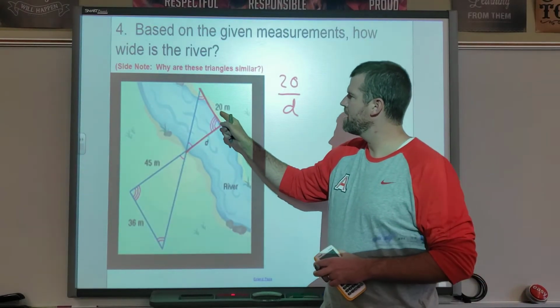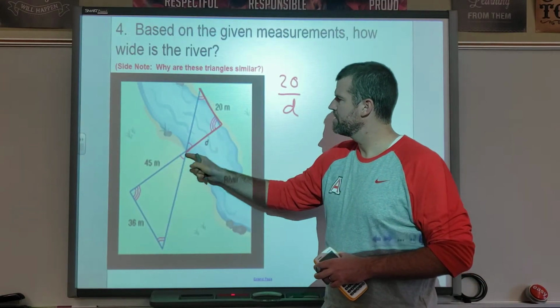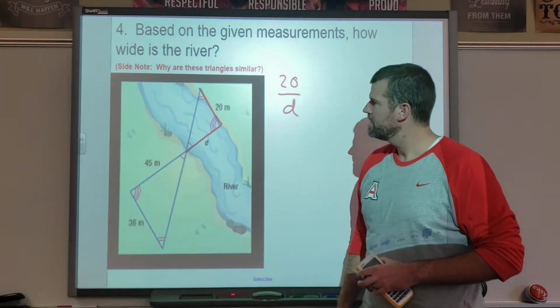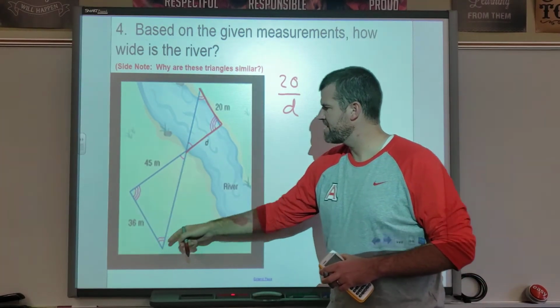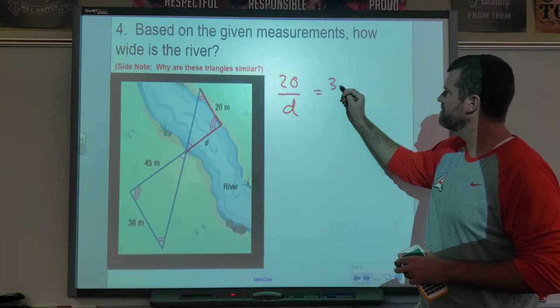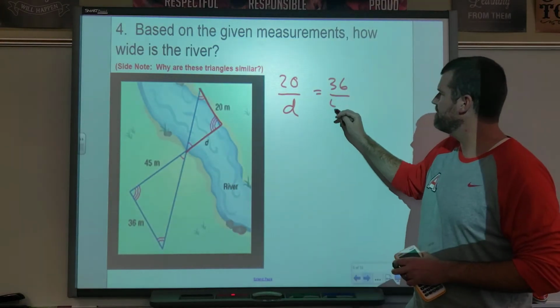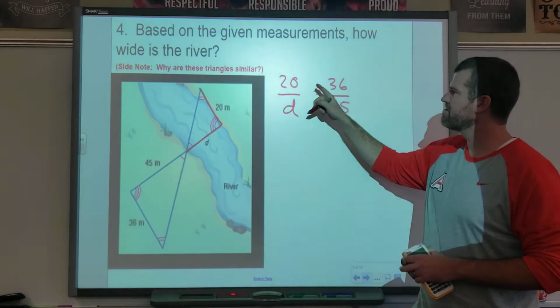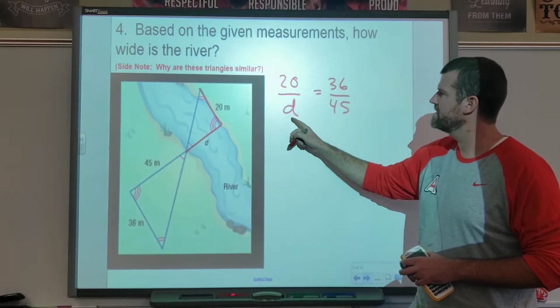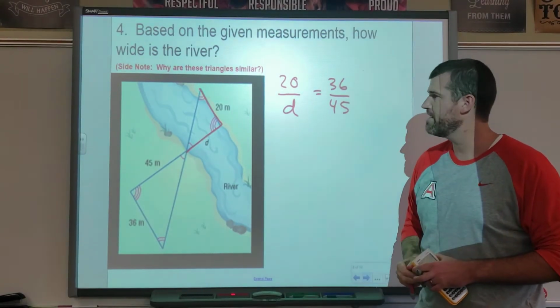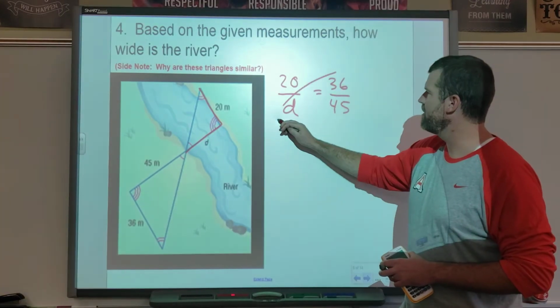So that's my parallel side over the side that goes to the vertical angle. And then I would do my parallel side first over here, which will then put the 45. So the 20 corresponded with the 36, the D corresponded with the 45, and then we can cross multiply.